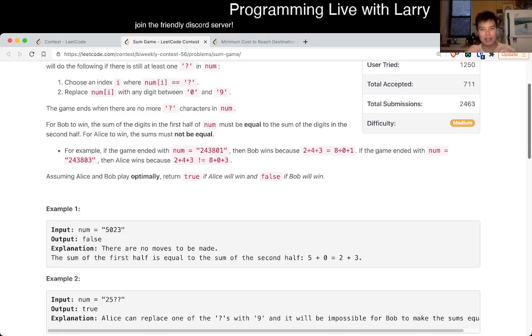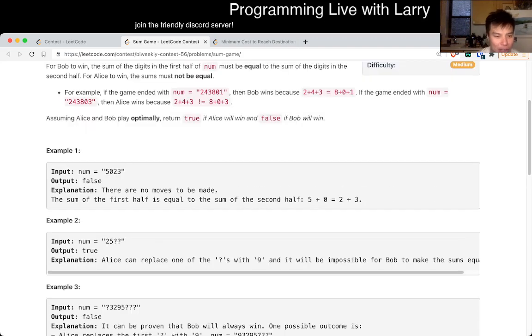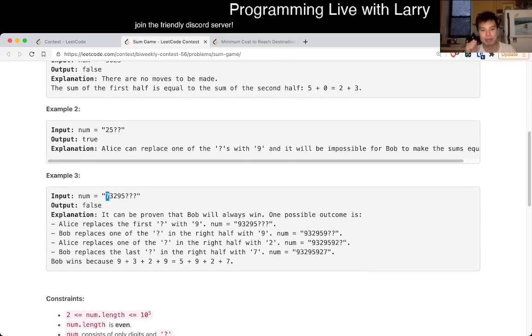But the idea here is you have to think about, okay, there's a couple of observations to make. Let's reduce this problem as much as we can, right? So number one observation is that if there are question marks on both sides, and Bob wants to keep it the same, it doesn't change the answer.